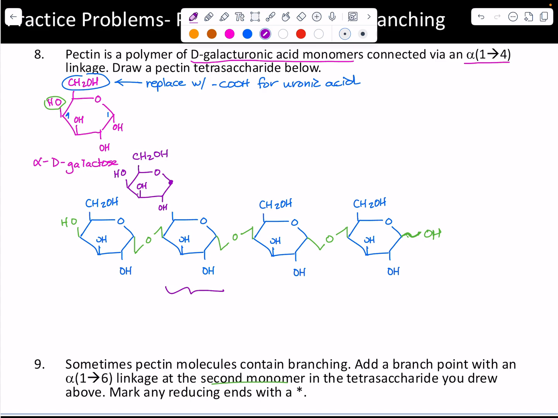All right, and so now I'm going to make my glycosidic bond between my carbon 6 and the oxygen of the branch unit. So that is my branching, okay?